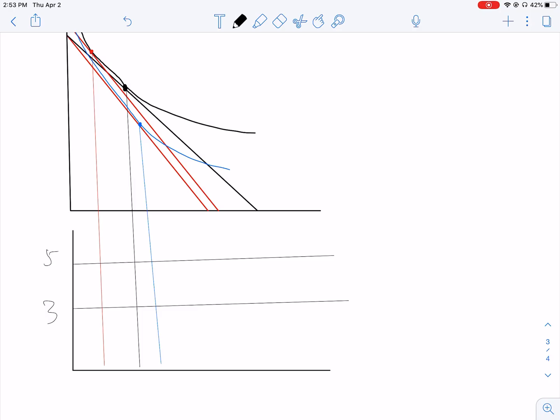Initially your optimal decision was at this black dot, and when you think of the substitution effect only, the compensated demand will become 5. So this is going to be the compensated demand curve, right? So this is the substitution effect. No, sorry, this is the substitution effect, from the black one to the red dot, right?